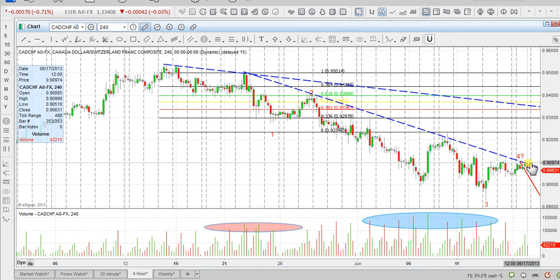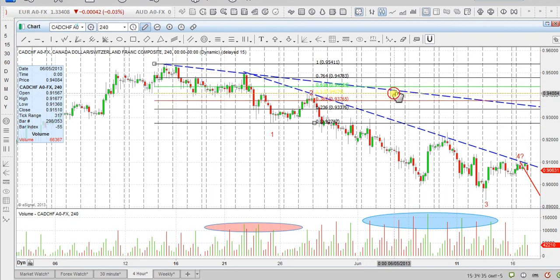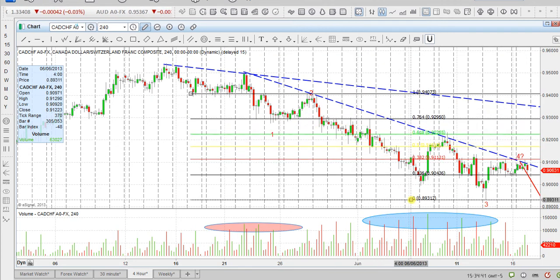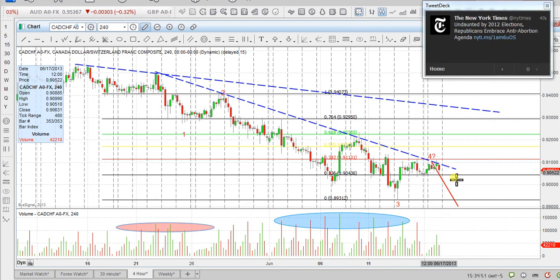So this could be the end of 4, but wave 2 retraced 50%, so we should see something similar with wave 4. It should retrace 50% as well. But it could also retrace at that 38% fib line, which is where it stopped at, and it's also capped by that trend line as well.